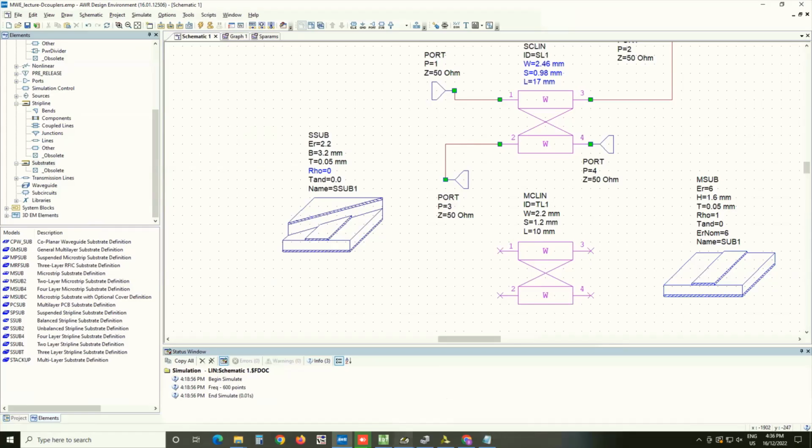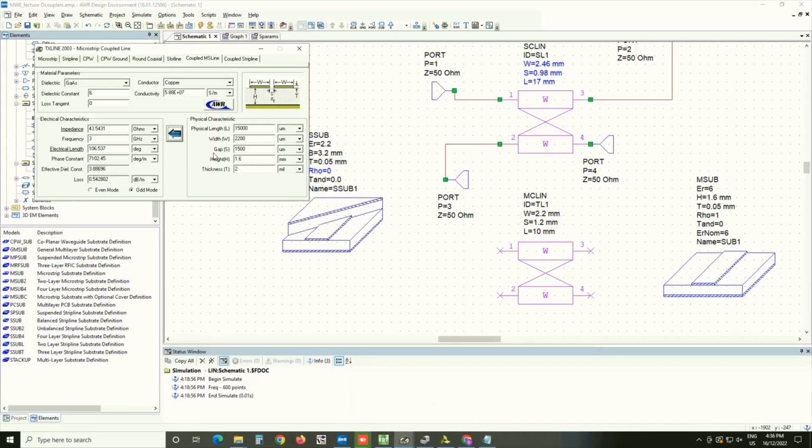The last thing is to check the electrical length. Now, this is where we will have a problem, because you can see the electrical length for the odd mode is 106 degrees, and for the even mode it is 118 degrees. So let's set the even mode to the right value and see what happens.